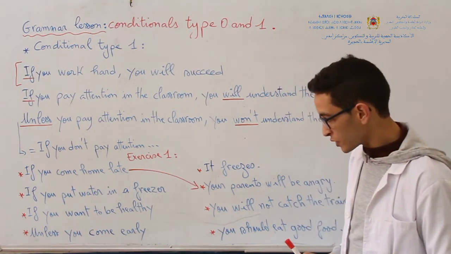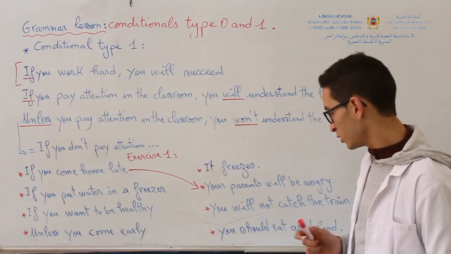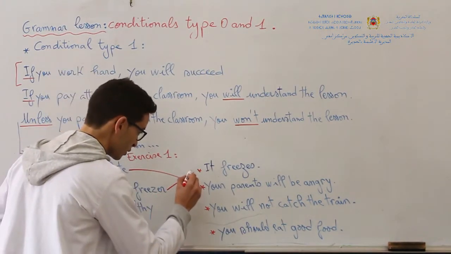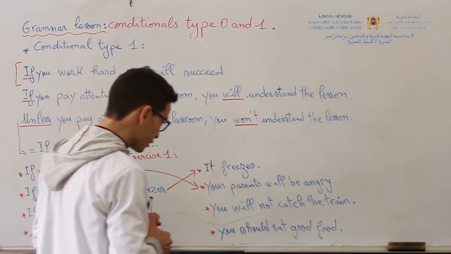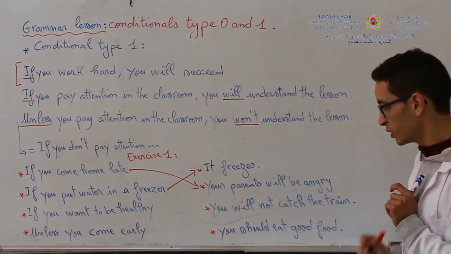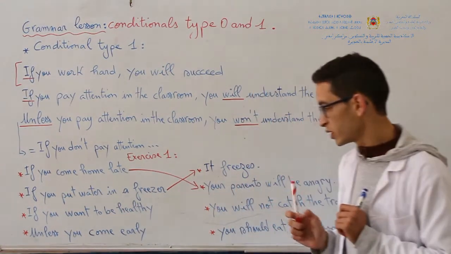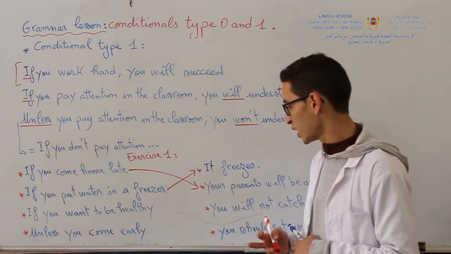Sentence number 2: if you put water in a freezer, it freezes. Now here, as you can see, we have a scientific fact, or let's say a scientific experiment. So this is the cause and this is the result. This is 100% sure. It always happens.